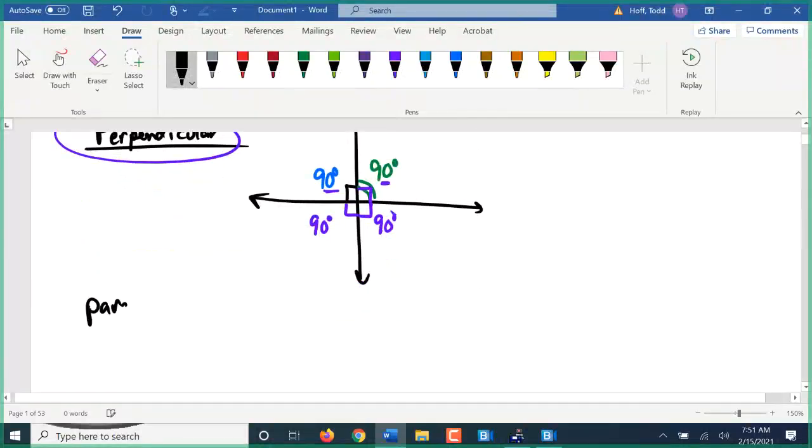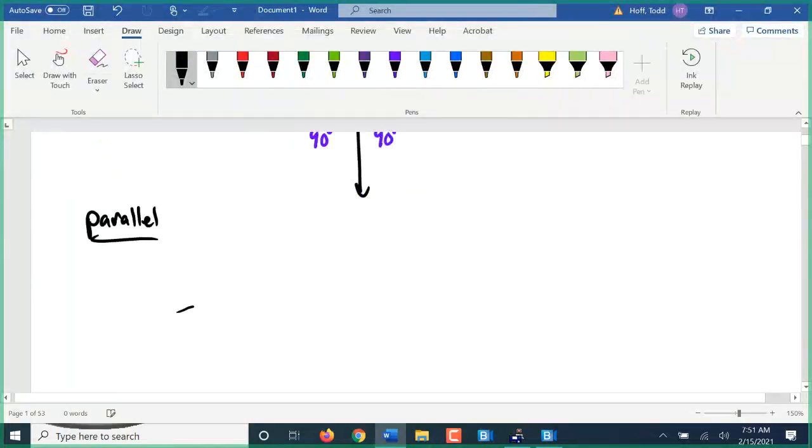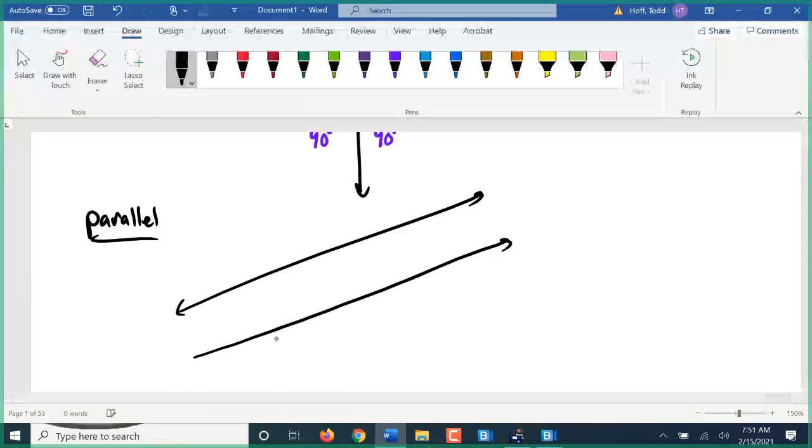Parallel. We often define parallel as two lines that never intersect. In 2 dimensions, that's adequate, because if they're not parallel, they will intersect at some point. But again, in 3 dimensions, I have this line and I have this line. Do they intersect? No. But are they parallel?